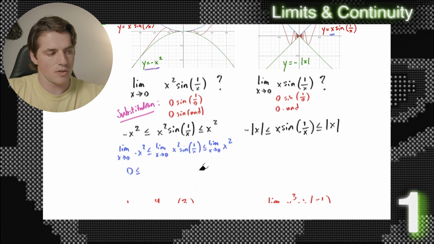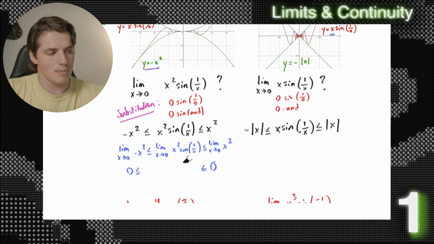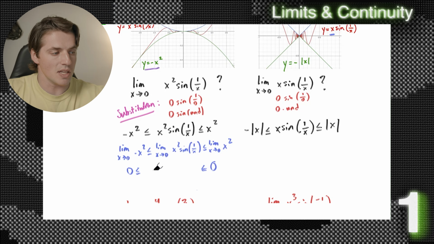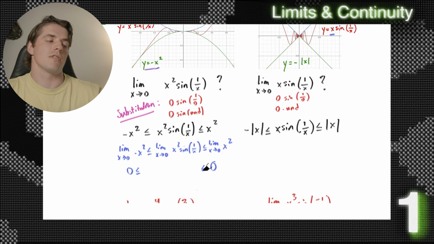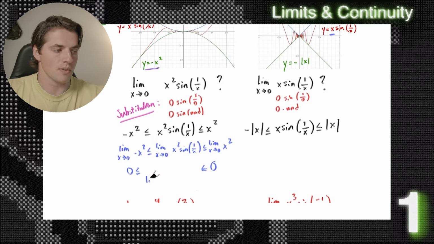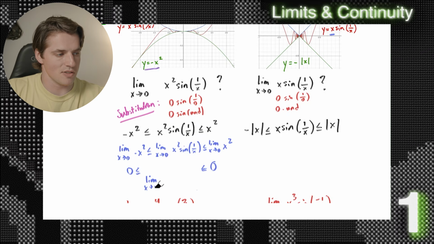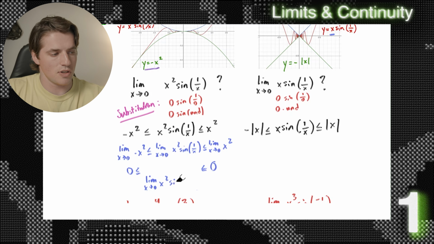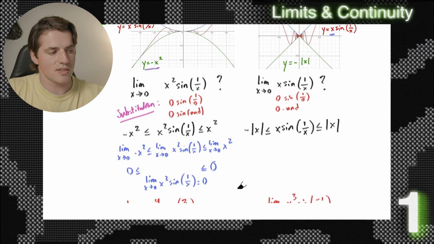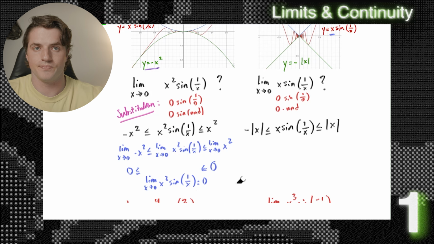Plug in, we have 0 less than or equal to this limit, which is less than or equal to 0. So this limit, because it's greater than or equal to 0 and less than or equal to 0, must be 0. So the limit as x goes to 0 of x squared sine 1 over x is equal to 0.